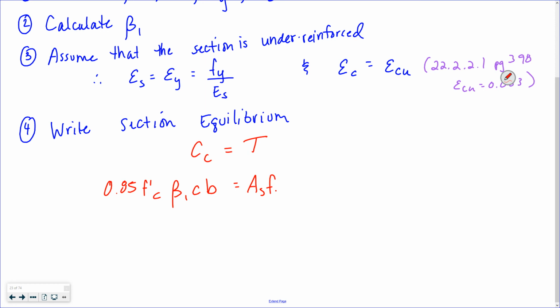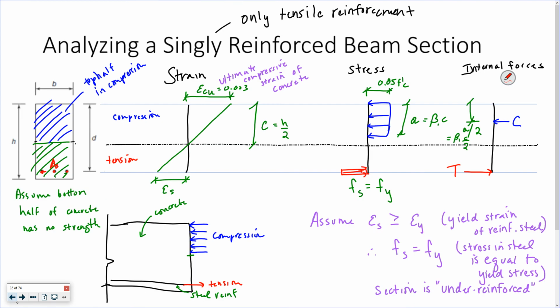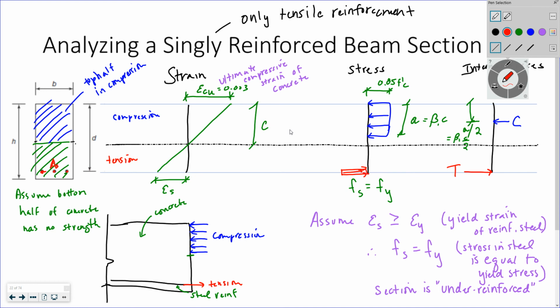And I just realized I said something incorrectly. This is not equal to h over 2. The depth to the neutral axis, if there was no steel, this would be h over 2.